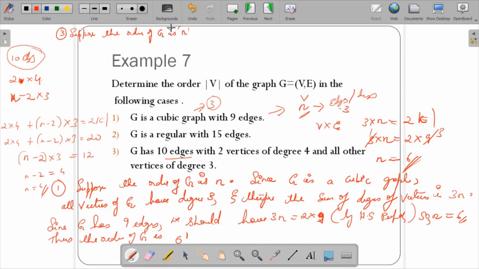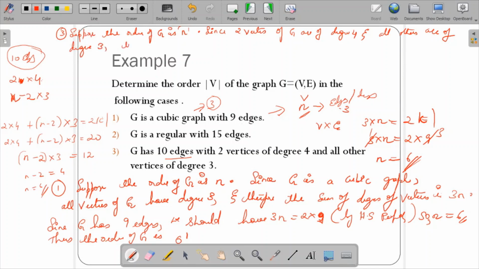Since two vertices of G are of degree 4 and all others are of degree 3. Two vertices are of degree 4 and all other vertices are of degree 3. That's what he has given in the question.